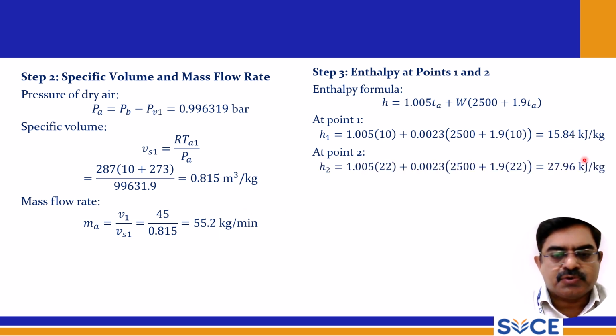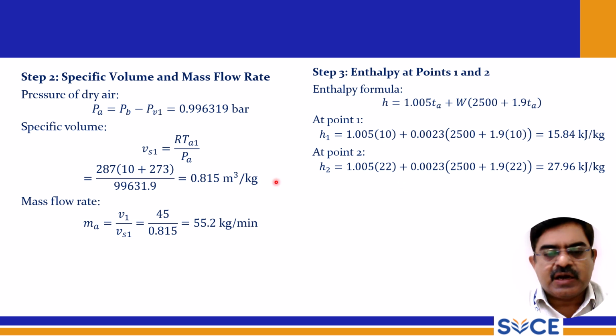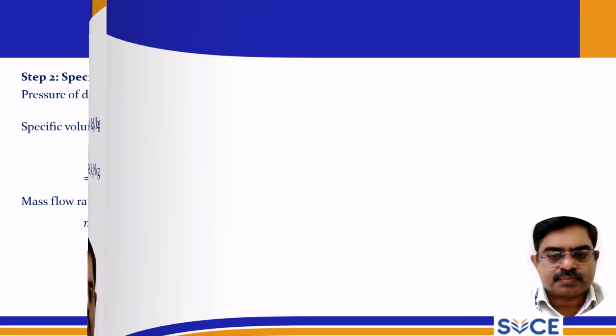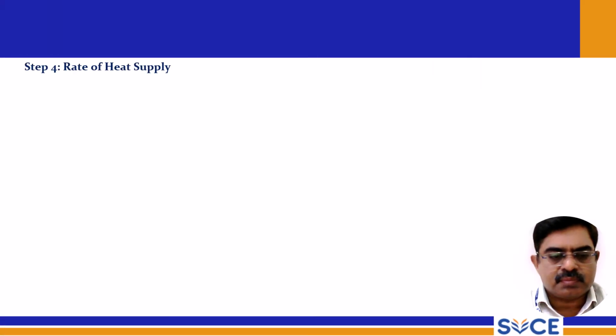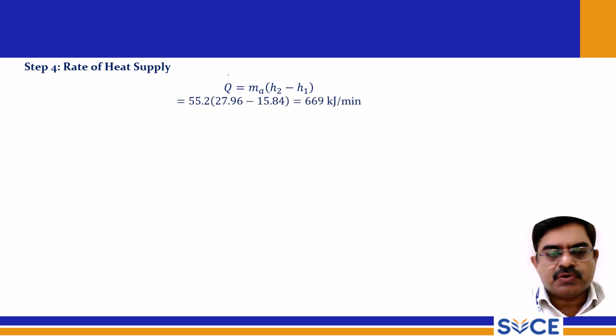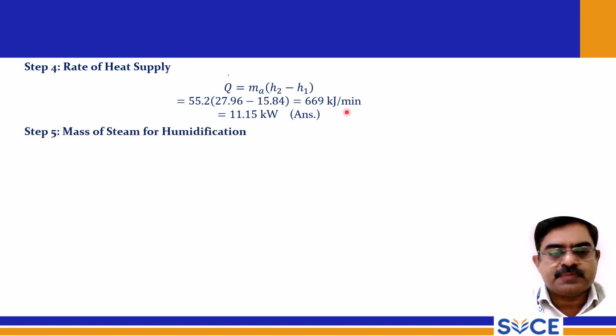At point 2 the same equation can be applied and H2 will become 27.96 kilojoules per kg. So rate of heat supply, that is Q equal to Ma into H2 minus H1, so that is 669 kilojoules per minute. In terms of watt, it is 11.15 kilowatts.